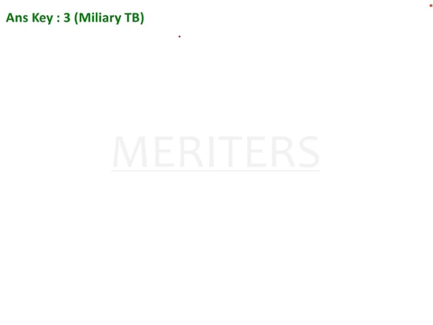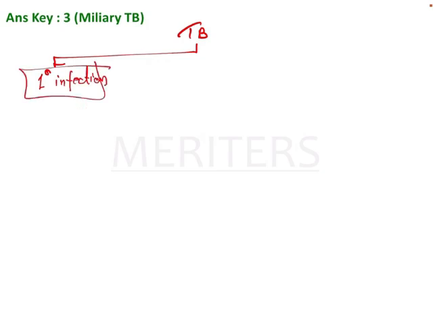Actually, if we talk about tuberculosis, that is TB, there has to be a primary infection. So what is primary infection? It is the infection by Mycobacterium tuberculosis which takes place for the first time, right?